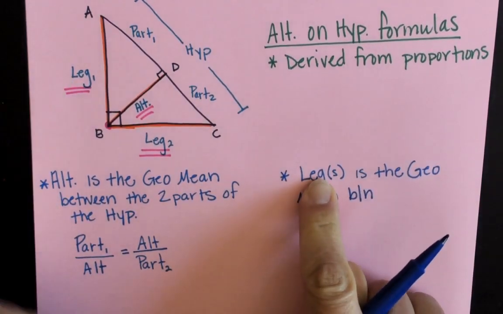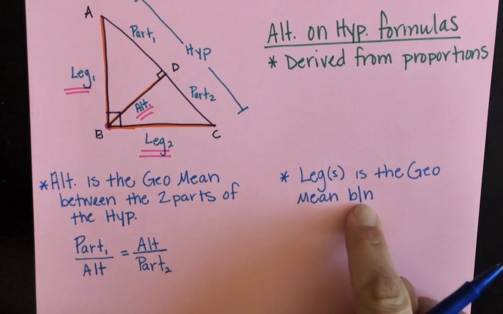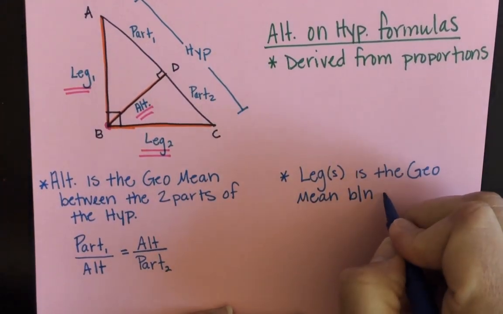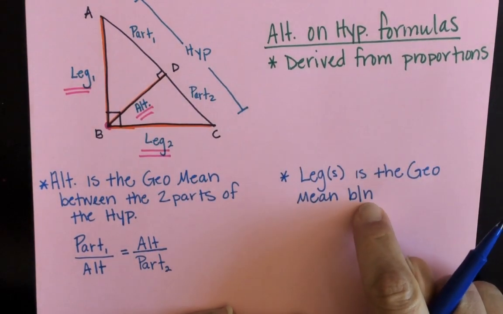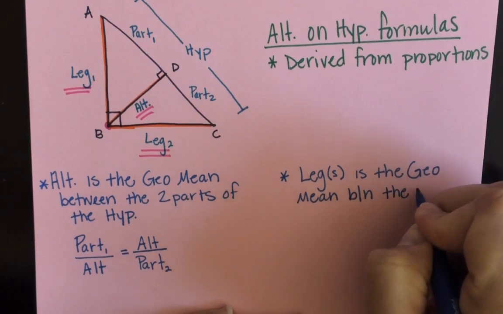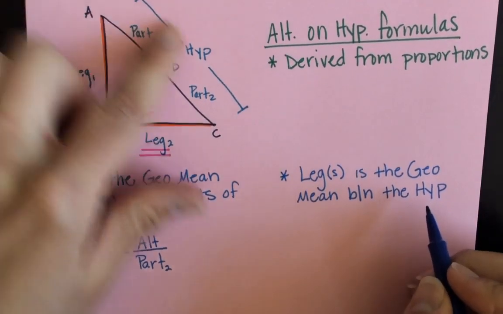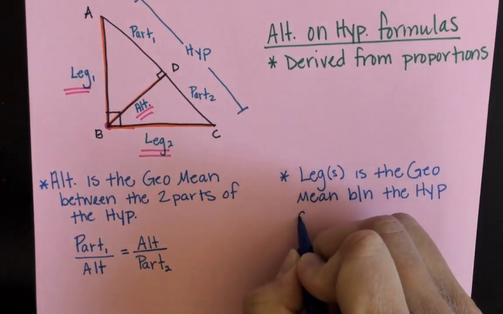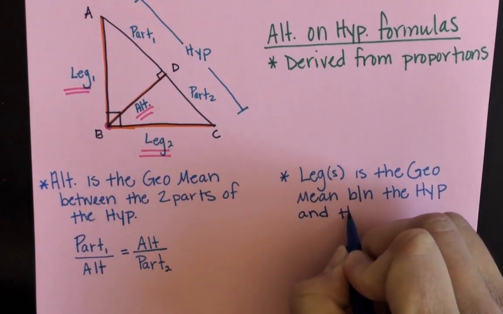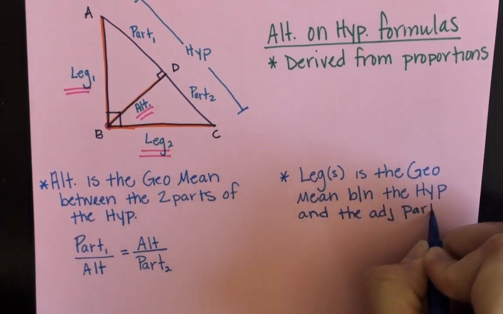So our leg, depending upon which one, is the geometric mean between the hypotenuse, so the whole thing, and the adjacent part.